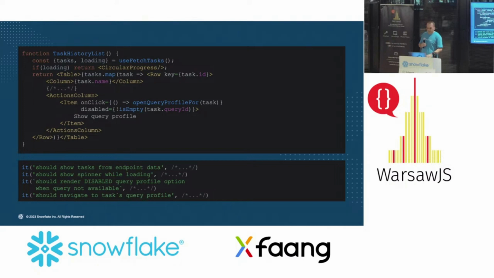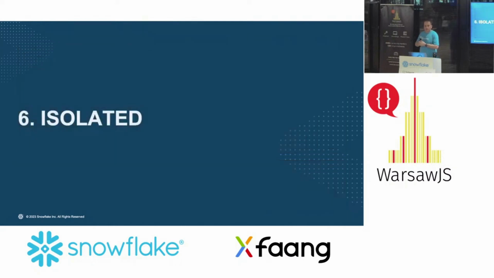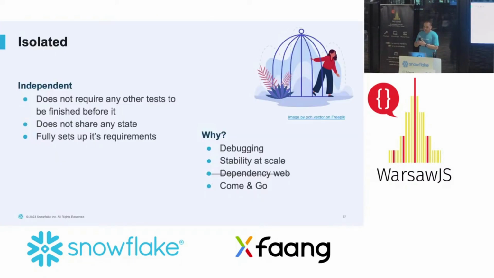query history profile. Okay, the last one for this talk is isolated. Imagine one of your tests is failing on CI. What I usually do in that case is pick the test and run it locally, try to reproduce the problem, dig into it. And what I don't want is for the test to be green when run in isolation and failing when run in a suite.